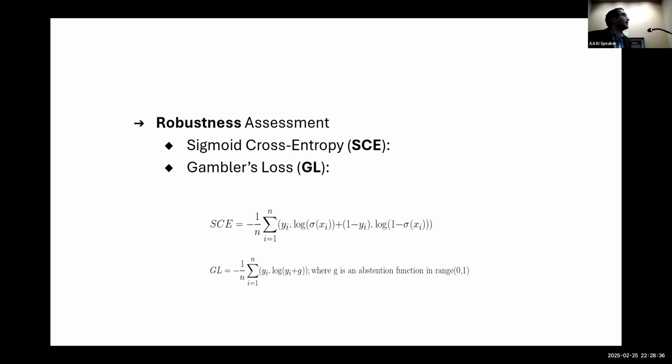For robustness, we use sigmoid cross entropy and Gambler loss. The reason we try Gambler loss is that we expect it to end up with higher performance, because with Gambler loss, the model avoids making any prediction when it's not confident enough. So we expected better results with Gambler loss.